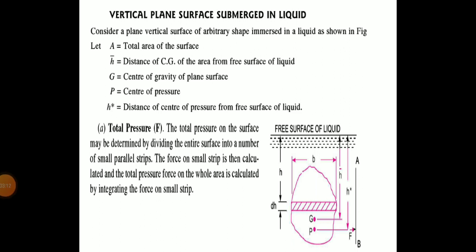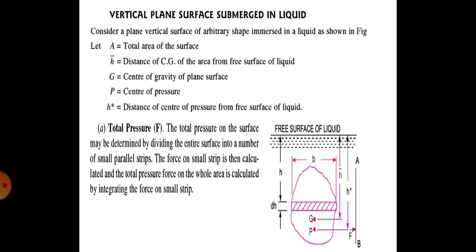H bar is the distance of the center of gravity of the area from the free surface of the liquid. We can see the free surface of the liquid in the figure, and H bar is the distance of the center of gravity of the area from the free surface of the liquid.